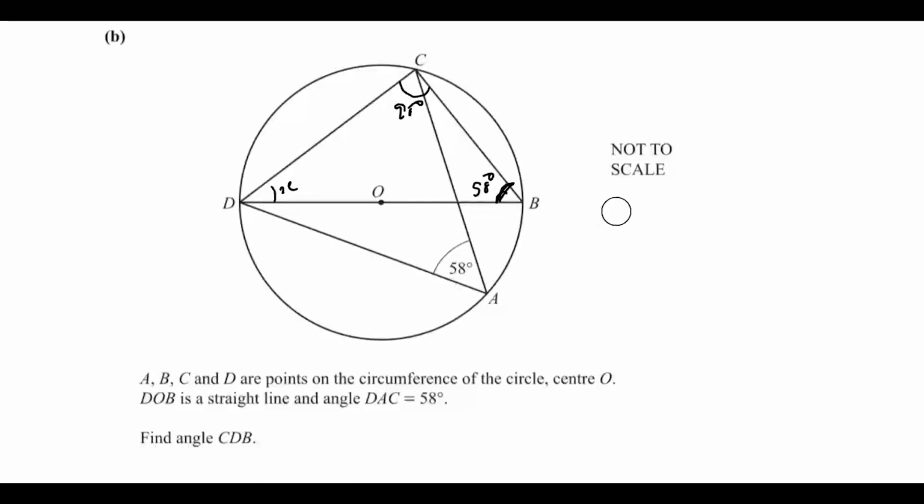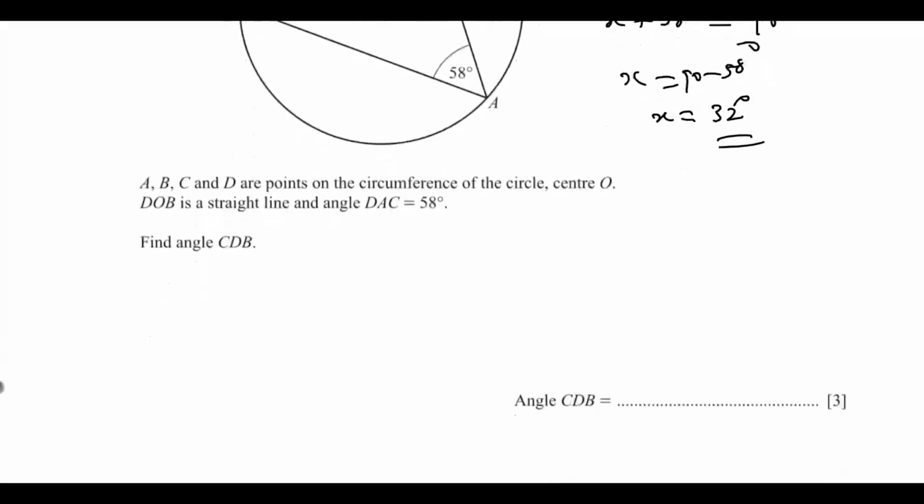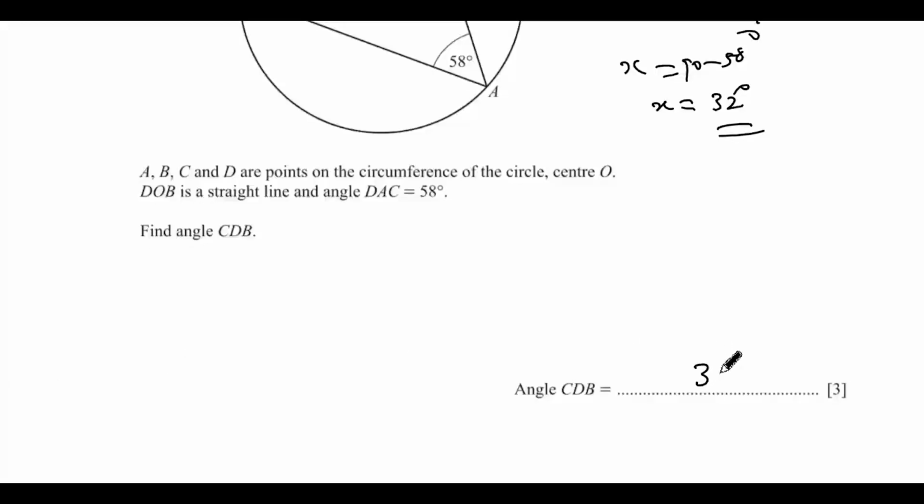So angle X plus 58 degrees equals 90 degrees, because they are complementary. So X equals 90 minus 58 degrees. X is 32 degrees. So the required angle CDB equals 32 degrees.